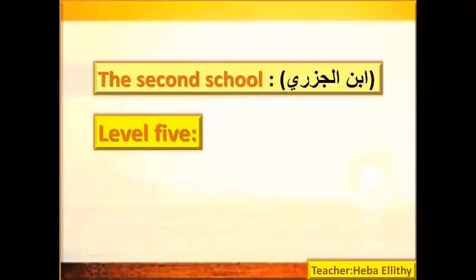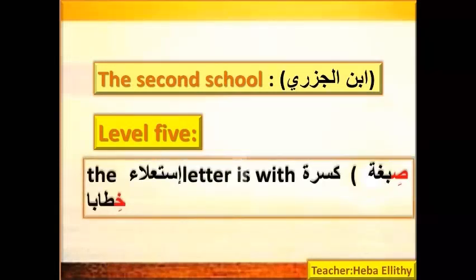The second school still has the 5th level, which is the letter with kasra. The isti'la letter or the mufakham letter is with kasra. Like what? Like the words صبغة, خطابة. Okay? Inshallah, this is clear for you now, the difference between these schools.